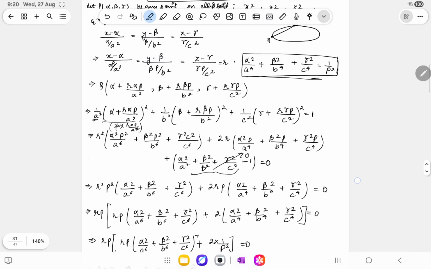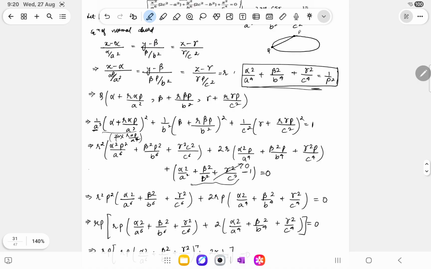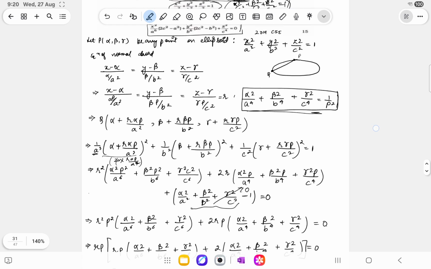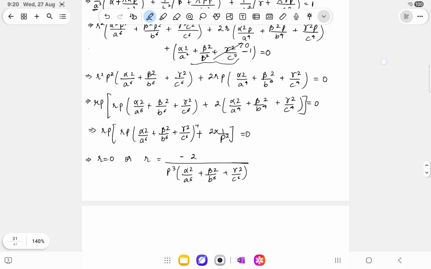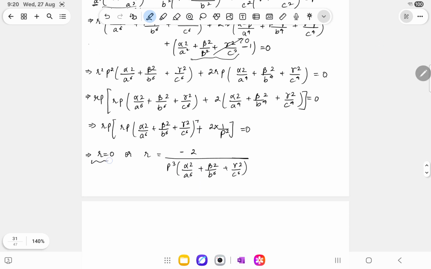And if you remember the equation of normal, if I take r is equal to 0, my other point Q will be alpha, beta, gamma, which is the same point as P. But since the normal chord will be cutting the ellipsoid at two distinct points, I cannot take r equal to 0. So I can easily eliminate this one.